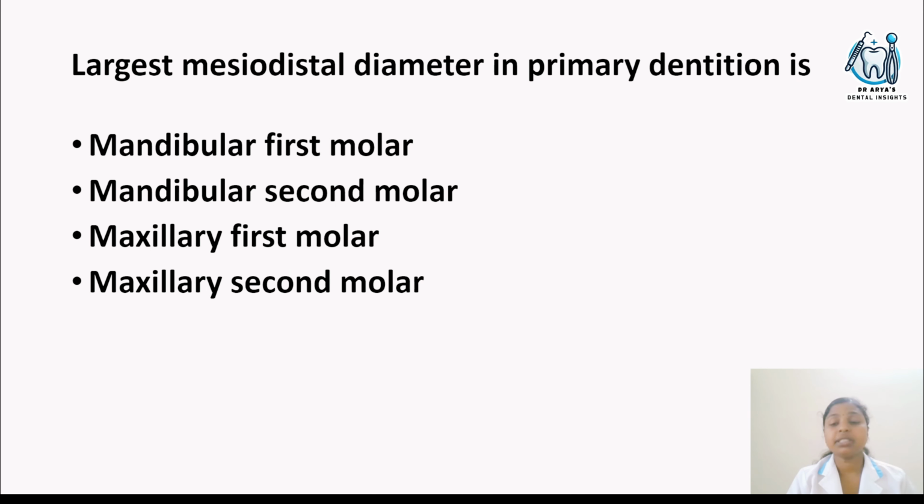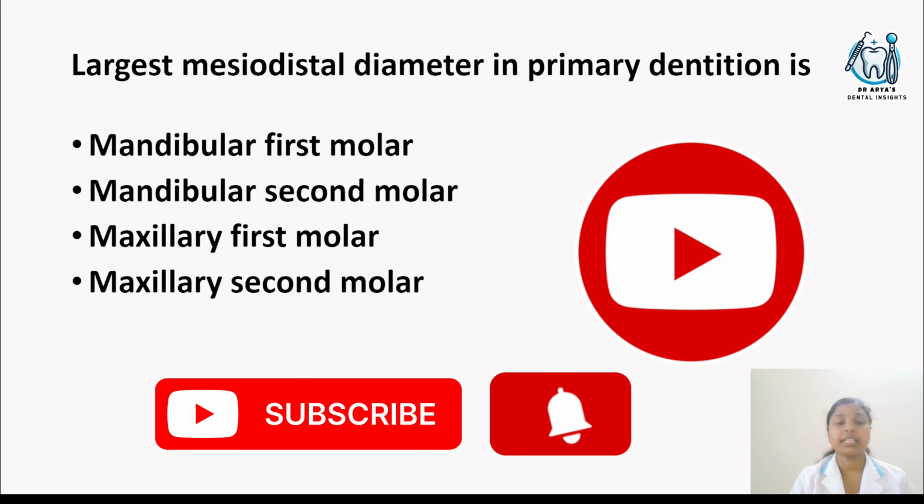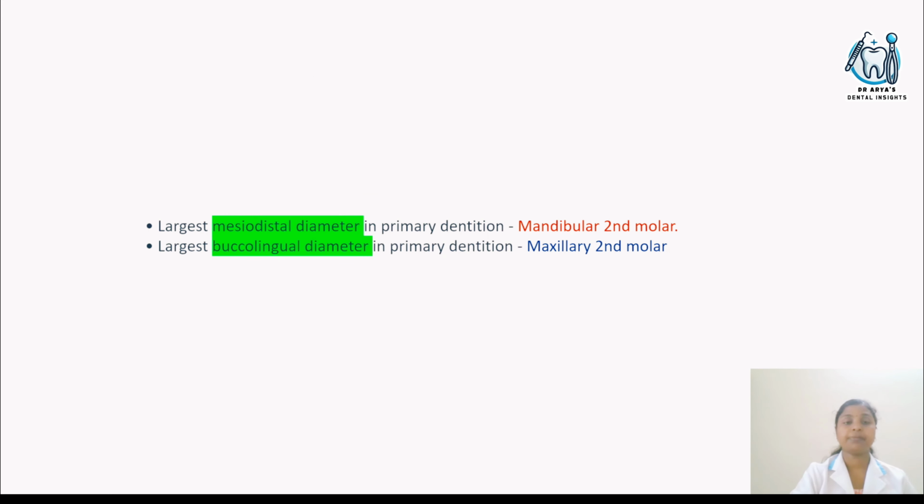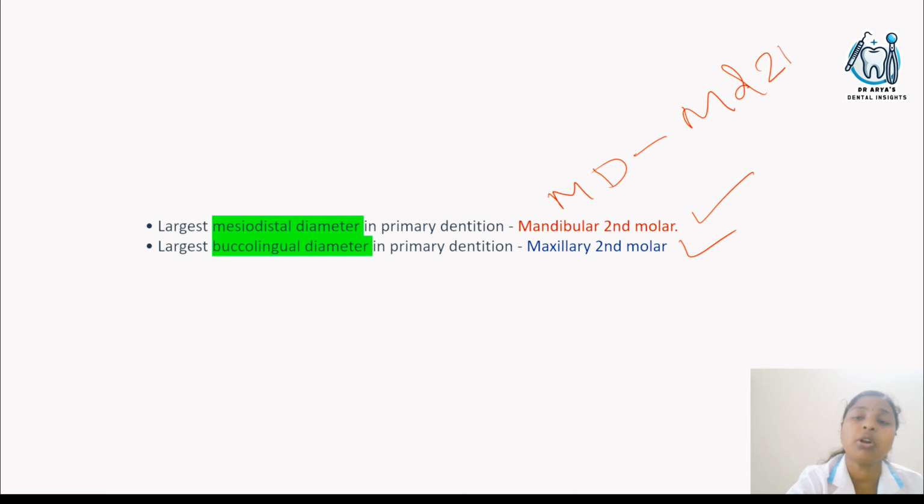Largest mesiodistal diameter in the primary dentition: is it mandibular first molar, mandibular second molar, maxillary first molar, or maxillary second molar? The largest mesiodistal diameter in primary dentition is the mandibular second molar, and the largest buccolingual diameter is for the maxillary second molar.